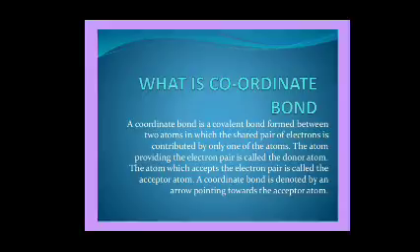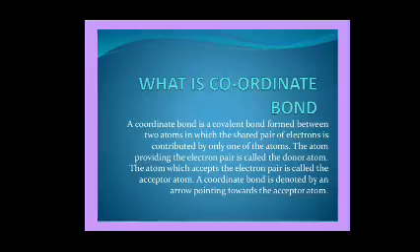The atom providing the electron pair is called the donor atom, and the atom which accepts the electron pair is called the acceptor atom. A coordinate covalent bond is formed between two atoms, one acceptor atom and one donor atom.